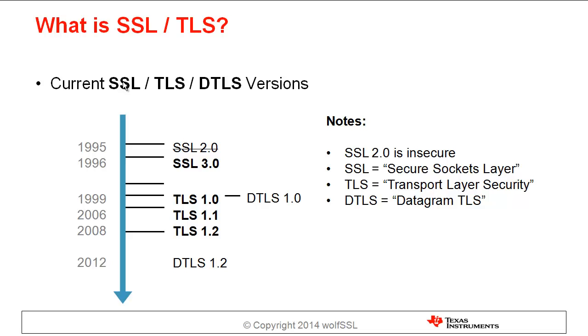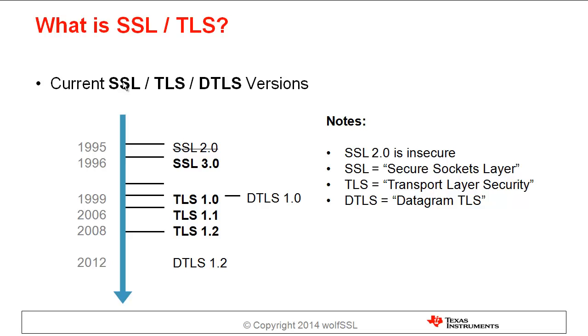Starting about the turn of the century, TLS versions started coming out. At this point most browsers work with SSL 3.0 and TLS 1.0. Some newer standards like TLS 1.2 and DTLS 1.2 are not yet widely adopted by browsers, but obviously will come to the fore in the near future.